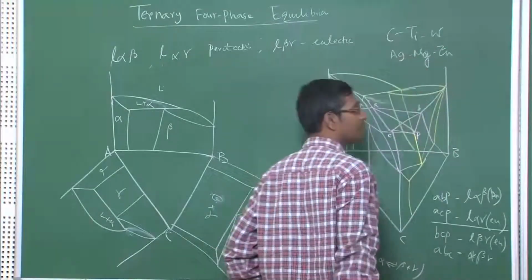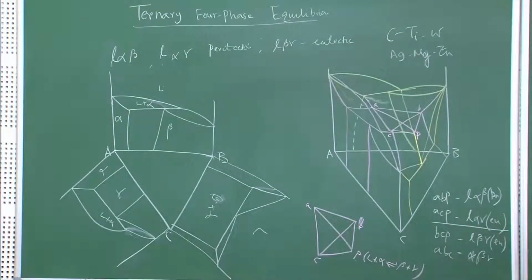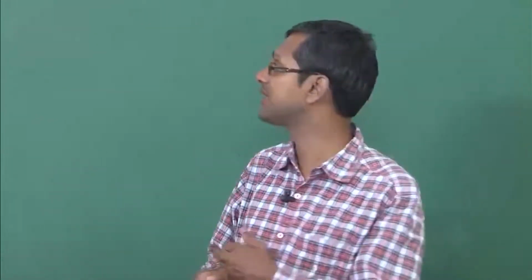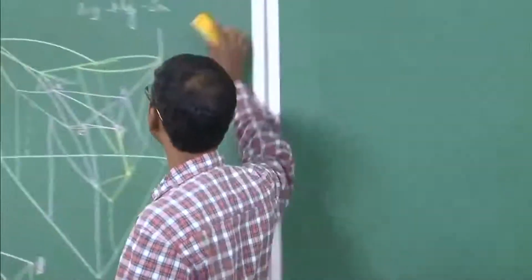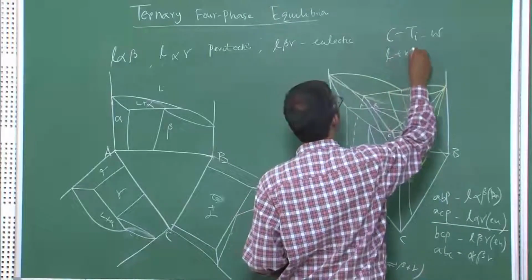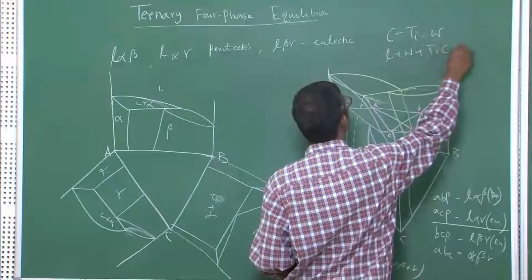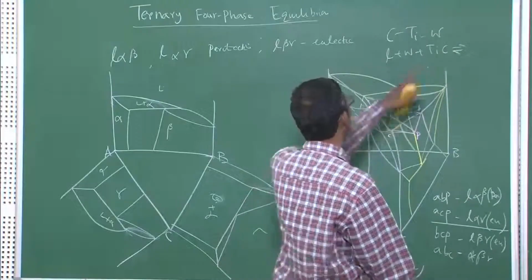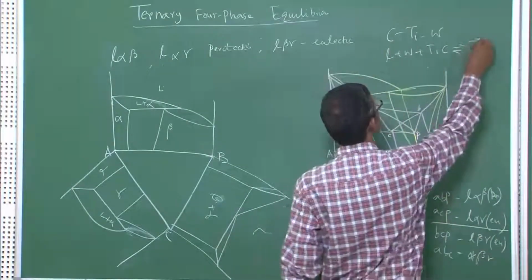These 2 ternary systems are widely observed to follow this phase behavior, and for the first system, the ternary reaction is like this, ternary 4-phase reaction, liquid plus tungsten plus TiC going to, yes, TiC, it forms a compound and this is going to titanium.